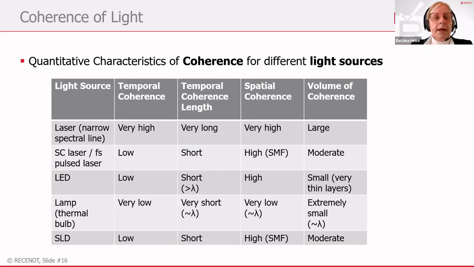In between we have sources which we often use, with low to moderate coherence: supercontinuum sources, femtosecond pulse lasers, LEDs or SLDs. That can also depend on whether they are propagating or emitting in free space, or coupled into a single mode fiber. By this, we can steer the coherence.